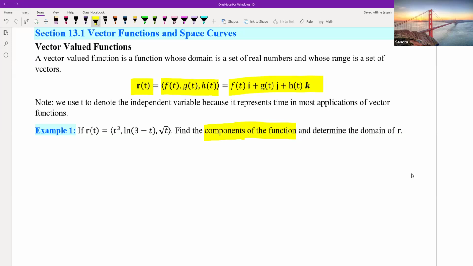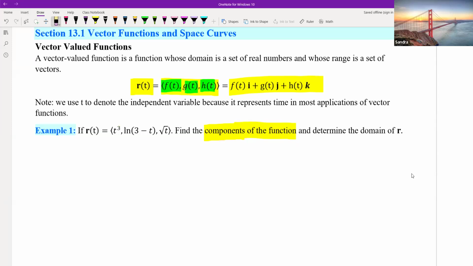The first thing that we want to do is find the components. The components are each one individually. This one happens to be f of t, this one happens to be g of t, this one happens to be h of t. And we have 3 components, f of t, g of t, h of t.